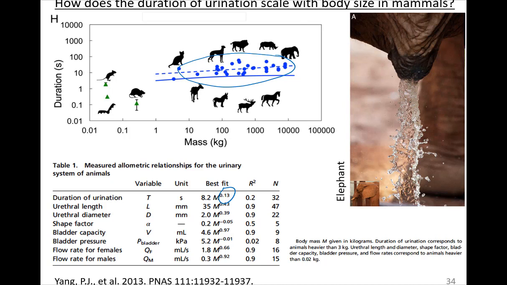Not to mention that these researchers made observations at the zoo. I don't know how much data they collected for each species, but obviously there's some individual variation. You don't pee for the same amount of time every time you go to the bathroom. So some individual variation, but overall not a strong change as a function of body mass.